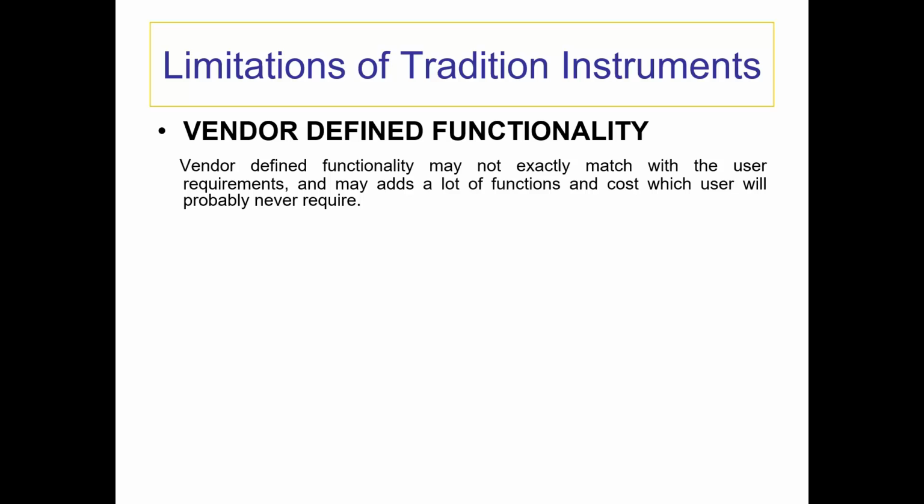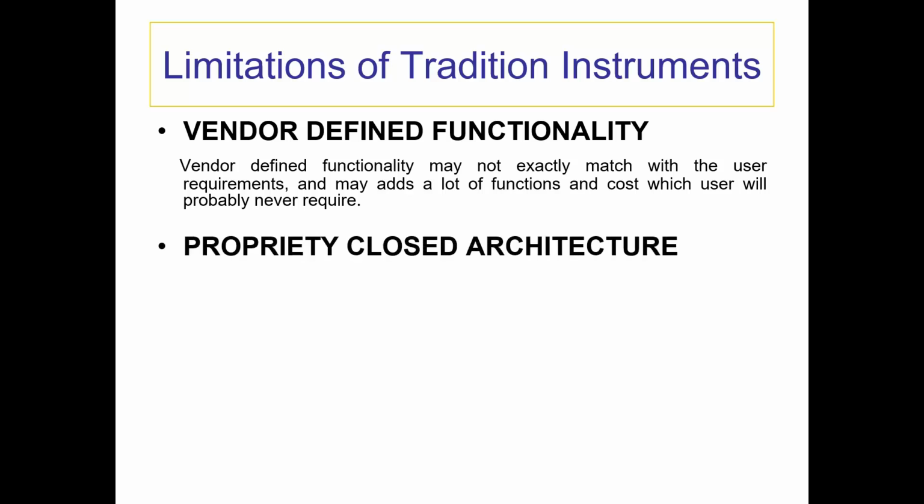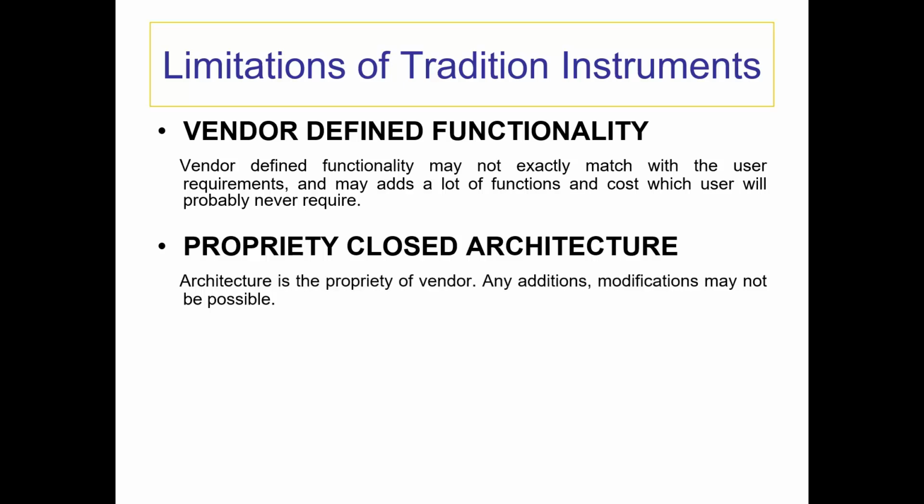All the functions are defined by the vendor, which may not exactly match the user requirements and may add a lot of functions and cost which the user will probably never require. Proprietary closed architecture. The architecture is the property of the vendor. Any additions or modifications may not be possible.